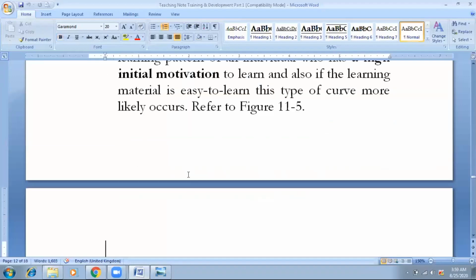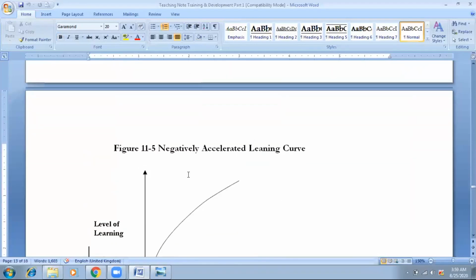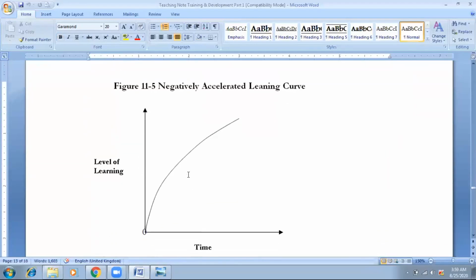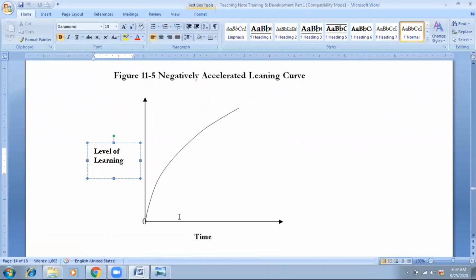Okay, look at this figure, then you will be able to understand easily. Negatively accelerated learning curve. So here the level of learning, here the time. Horizontally you can see time, vertically you can see level of learning. Then the time passes, then the level of learning.